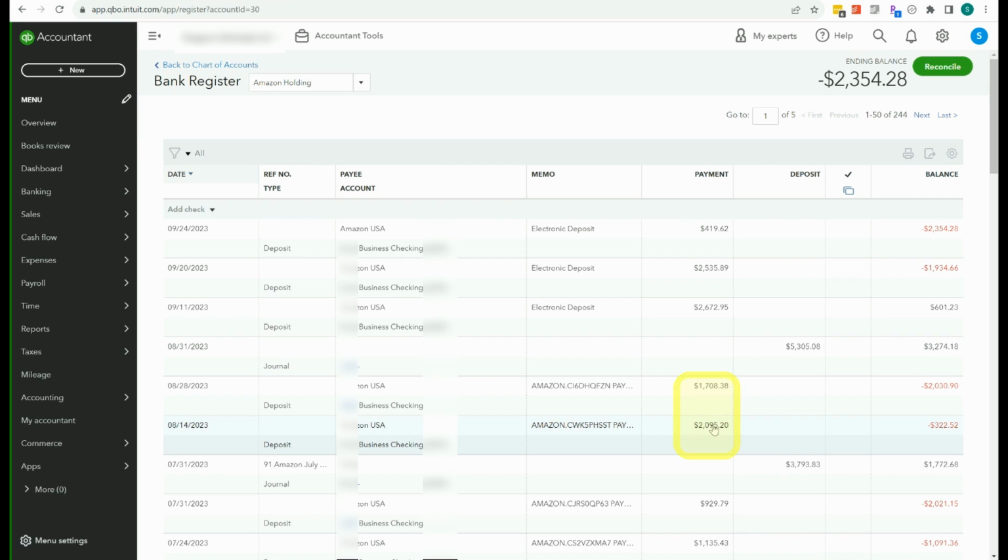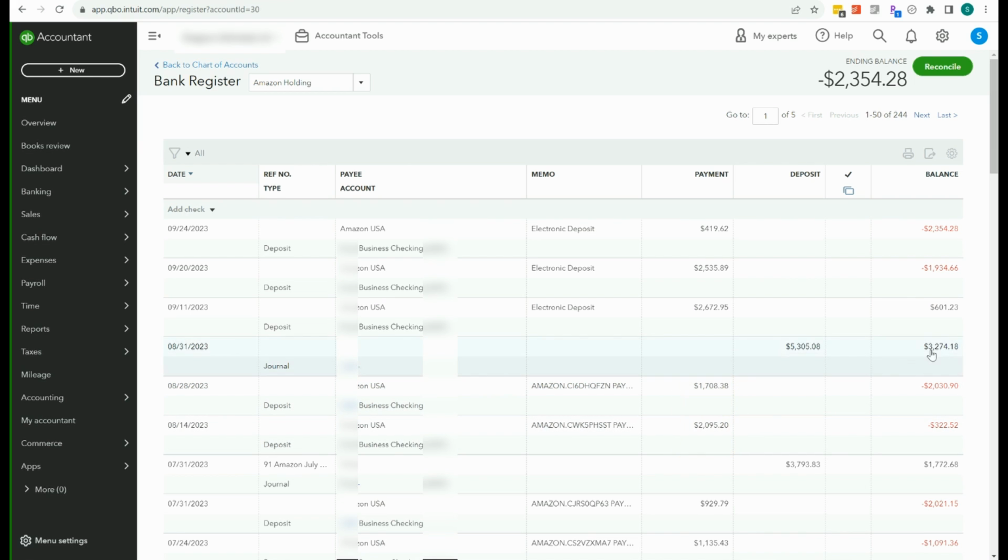So at the beginning of the month, this is left over from July. At the end of July, there was a beginning balance of $1,772. Throughout the month, we're making sales and fees. Throughout the month, we're having deposits put into our bank account.